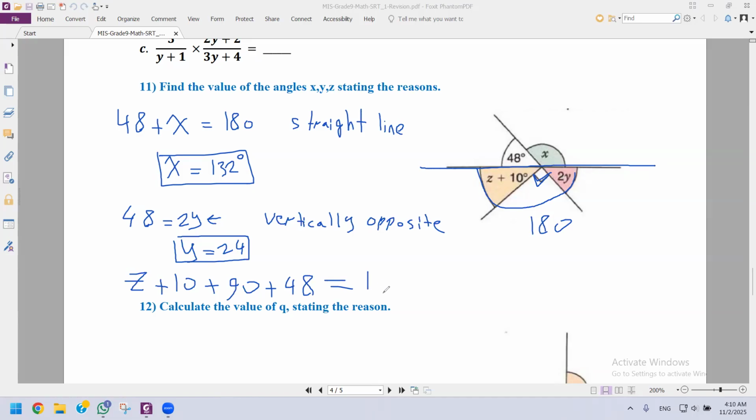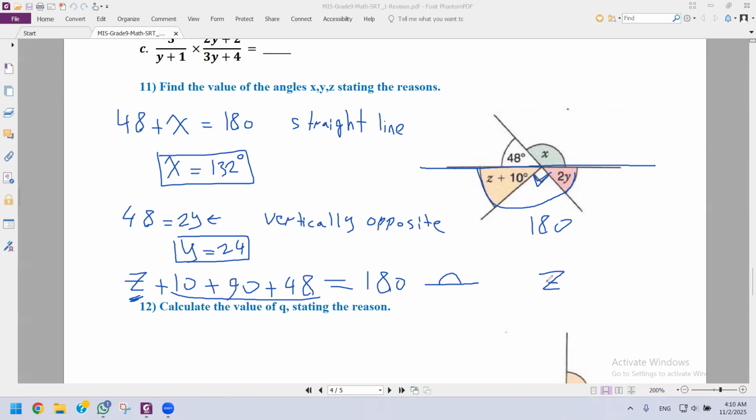All of these are equal to 180. Straight line. So you write your reasoning, straight line angle. Now let's skip z here and add all these numbers and take them to the other side. 90 plus 10, 100. 148, take it to the other side.